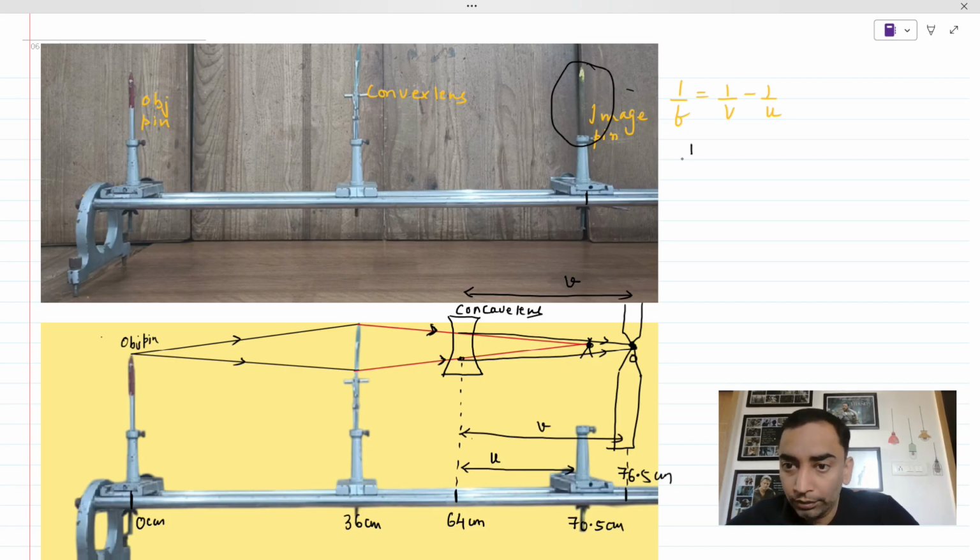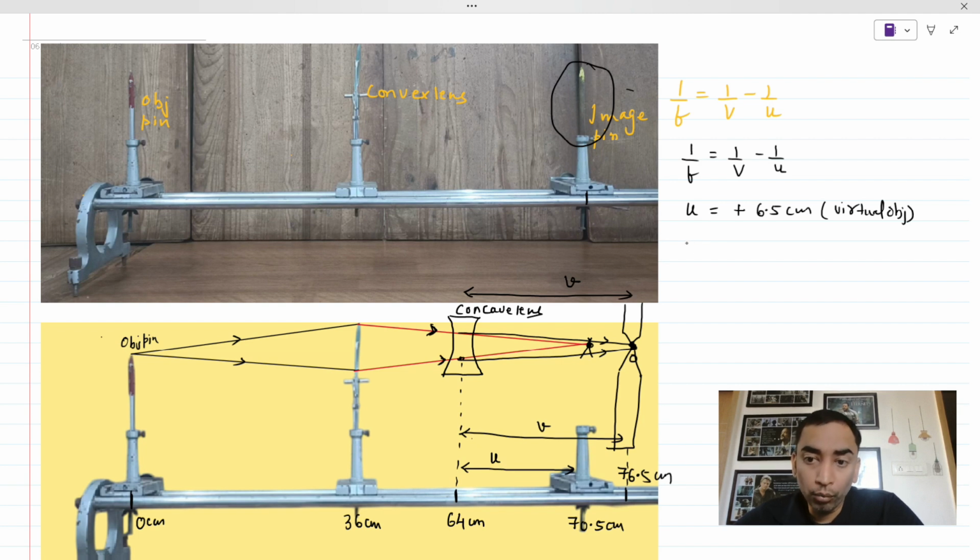So let me write down this formula again: 1/f = 1/v - 1/u. Now u in this case is the distance between 64 and 70.5. So it is plus 6.5 centimeters. And for the virtual object, u is positive. Now, what is v?